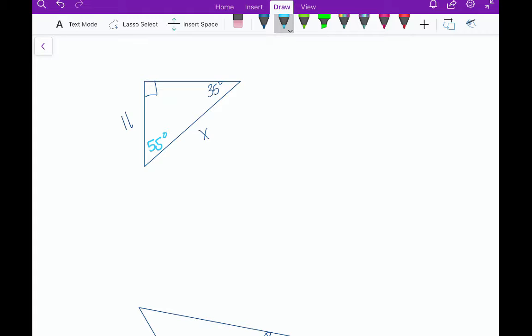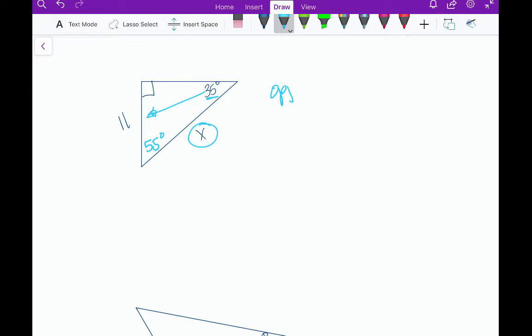But assuming I use the 35 degrees, I know what the opposite side is, and I also am trying to find the hypotenuse. Opposite over hypotenuse is sine. So I'm going to say that the sine of angle 35 degrees equals 11 over x. So remember, I'm going to multiply by x on both sides to get it out of the denominator.